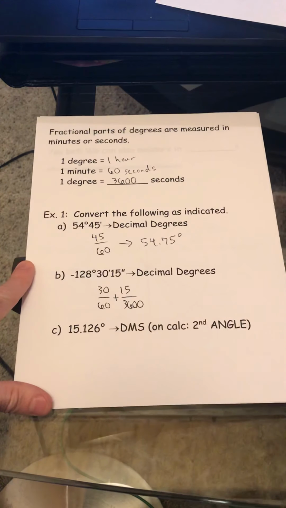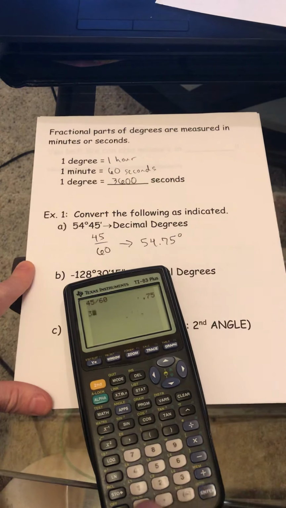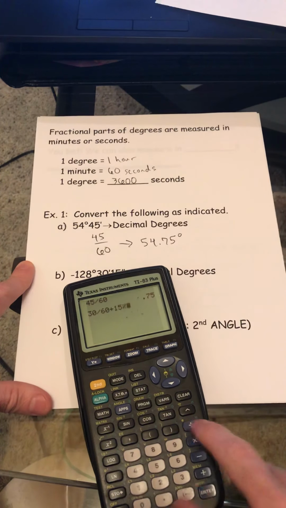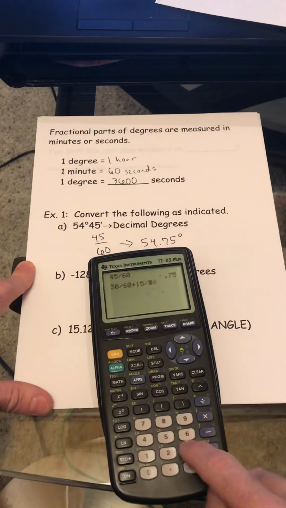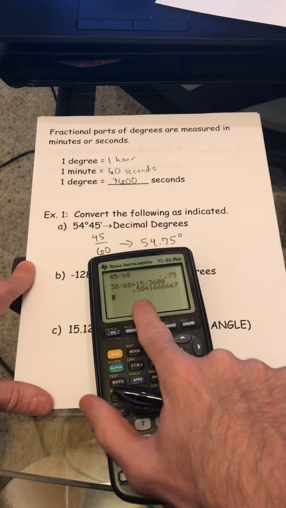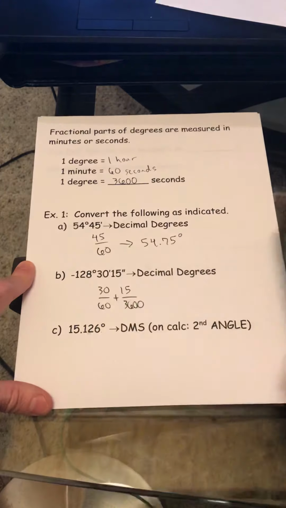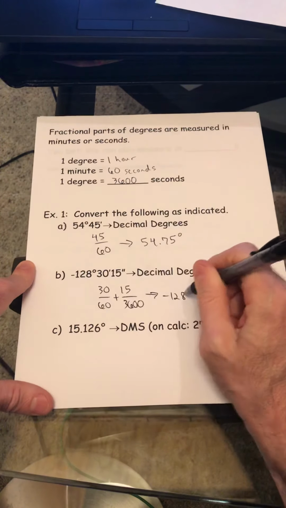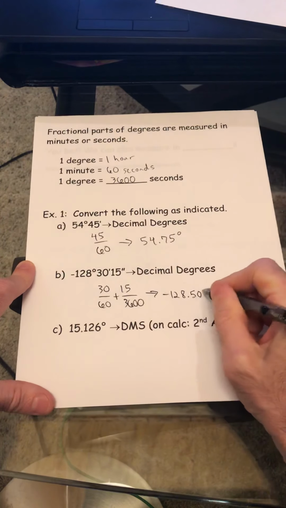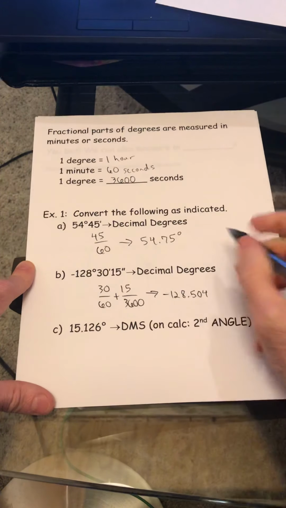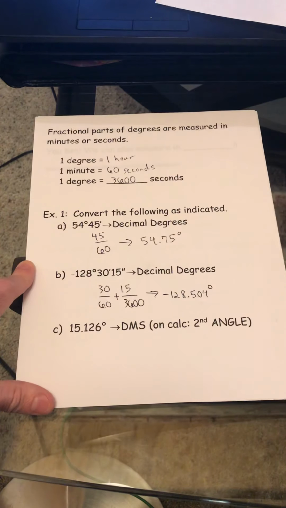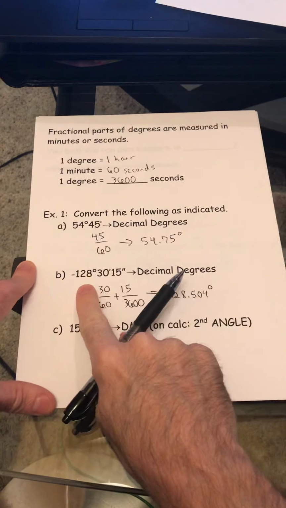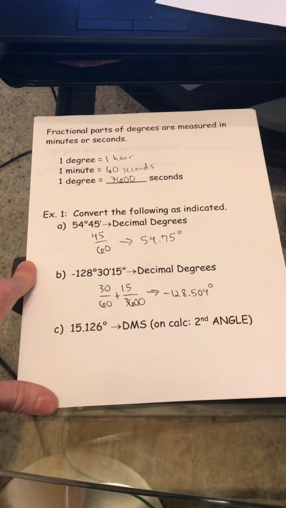So from here, what you're going to do is, obviously, you can take 30 divided by 60 plus 15 divided by 3,600 is 0.504. Now, all you do with these is whatever the degrees are, negative 128, you just put that decimal out at the end. Don't say, okay, I'm going to add it on to this, because if you have a negative and you add that on, it actually changes what you get.